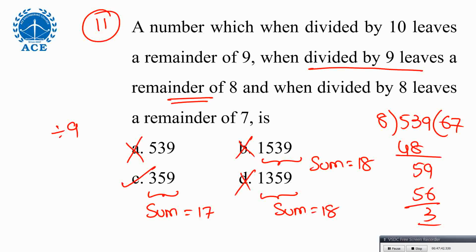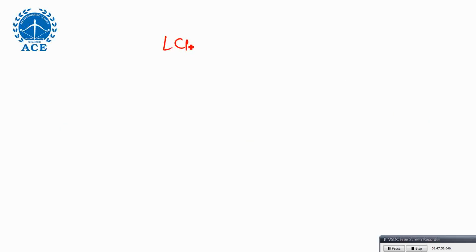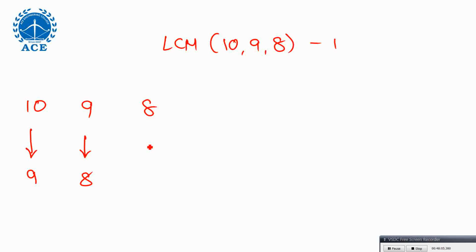This is verification, sir. But you said in yesterday's session, for fill in the blanks in other competitive exams, what do we have to do, sir? Here there is a method. We have to take the LCM of 10, 9 and 8, minus 1. Why minus 1, sir? When divided by 10, what is the remainder? When divided by 9, what is the remainder? When divided by 8, what is the remainder?